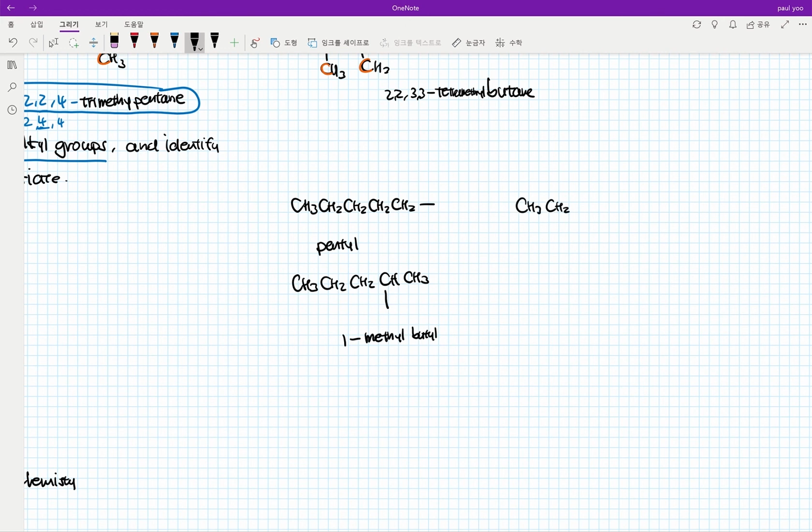CH3, CH2, CH2, CH3, where the R group is there, will be considered 1-ethylpropyl group, because this is the longest chain in either direction, and now you're given an ethyl group attached to the propyl group.